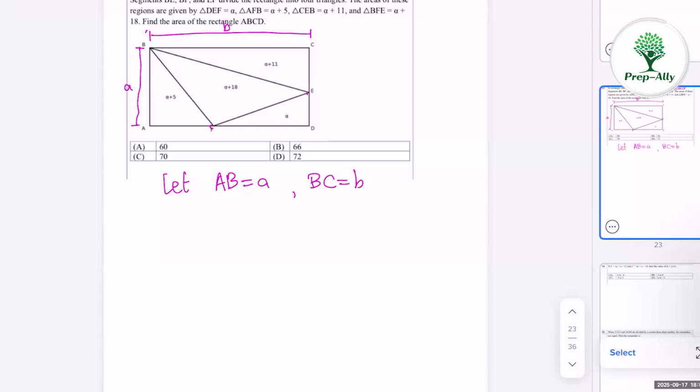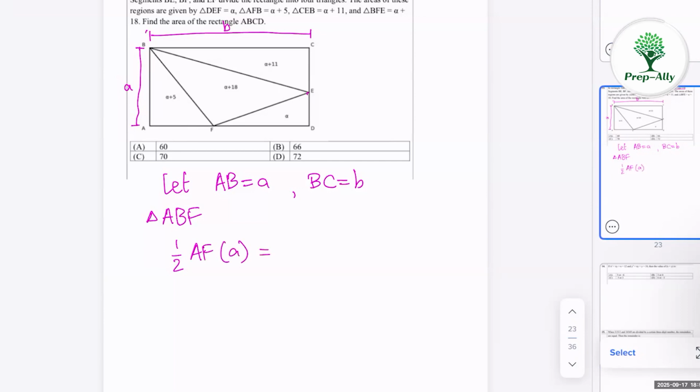Now, what do we know? We know the area of triangle ABF, this triangle here, right? So area of the triangle is half into base into height, which is AF into AB, which is a, right?